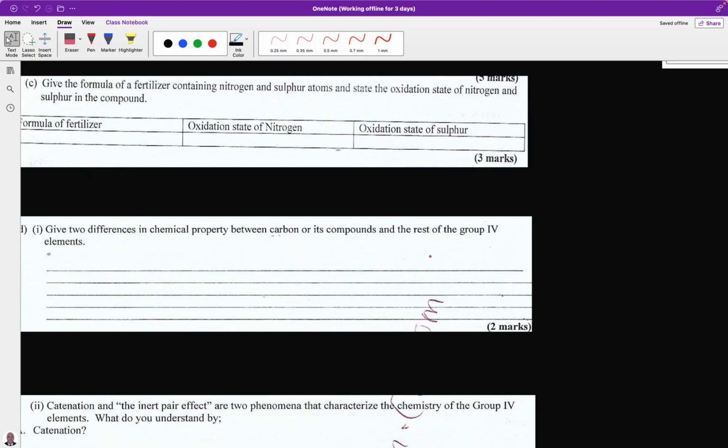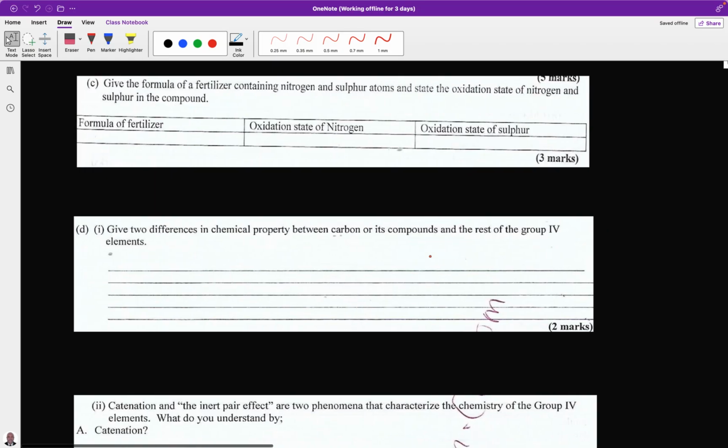Of course, most rich fertilizer, they contain nitrogen and sulfur and phosphorus, but the one that contains only nitrogen and sulfur, we can have as a good example something like ammonium sulfate.